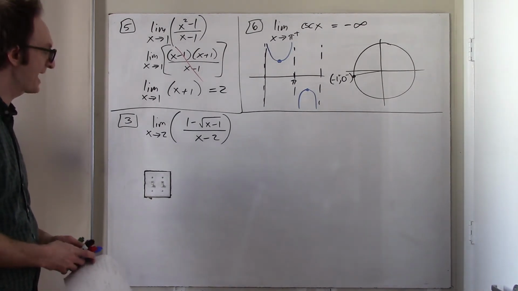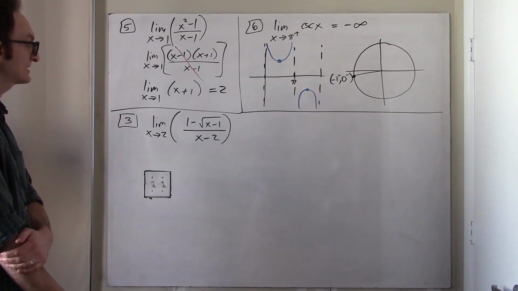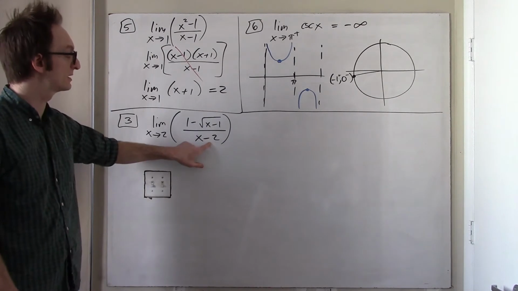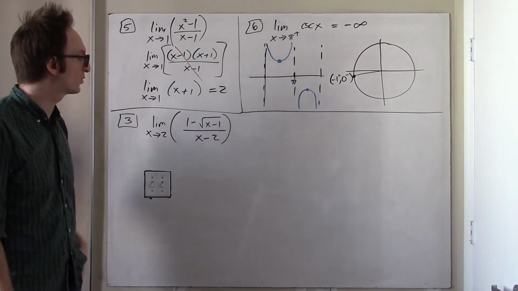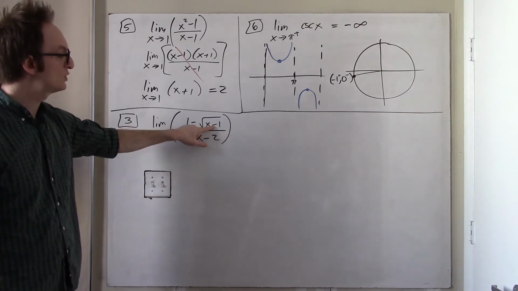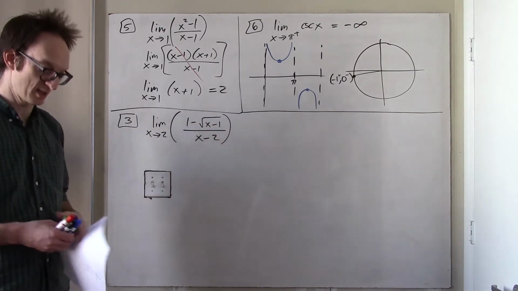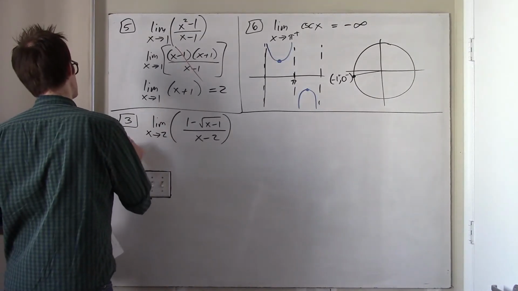Alright, what happens when x is very, very close to 2? Well, if x is very, very close to 2, then the first thing to observe is that this denominator is going to be pretty much tiny. So, okay, what about the numerator? Oh, well, 2 minus 1 is 1, the square root of 1 is 1, so this numerator is tiny also. Okay, so once again we find ourselves in a 0 over 0 situation.